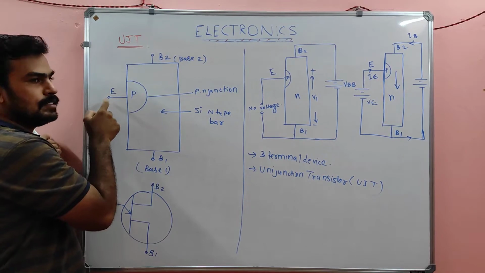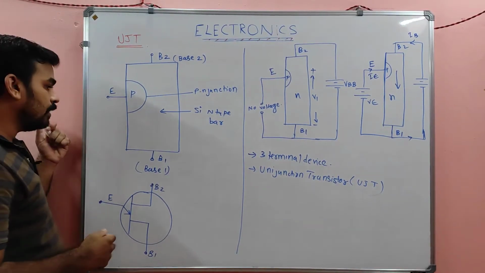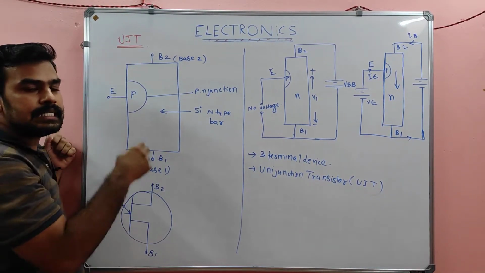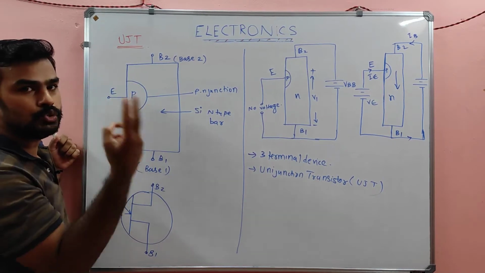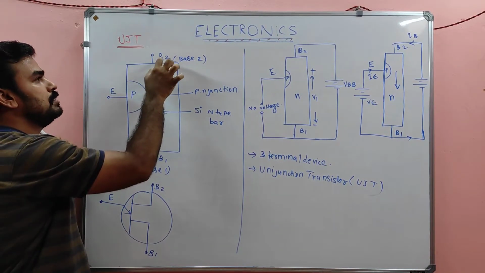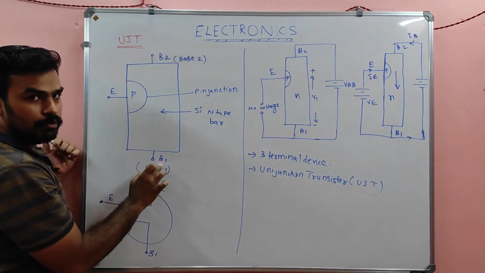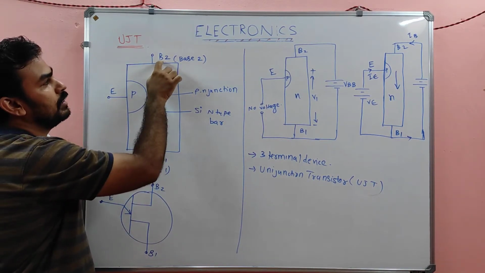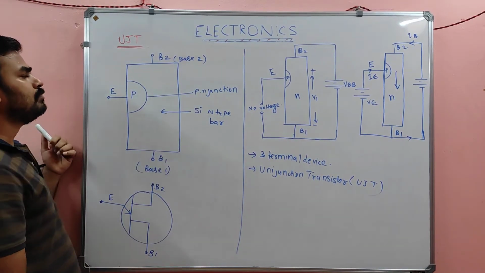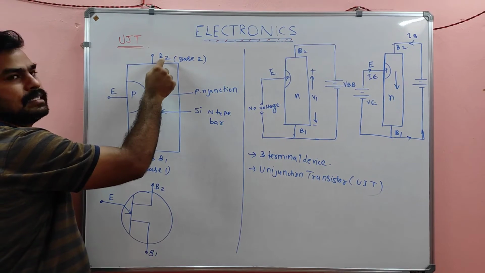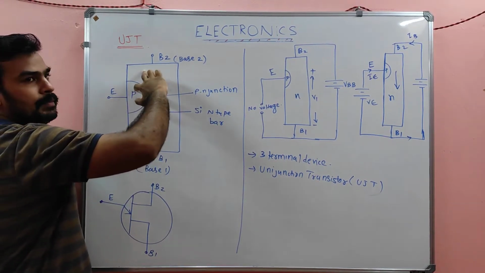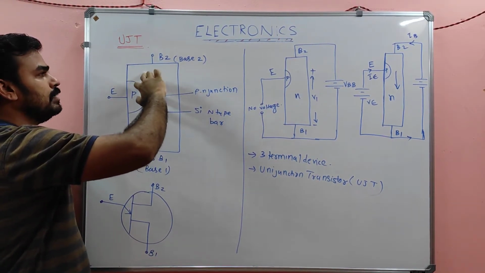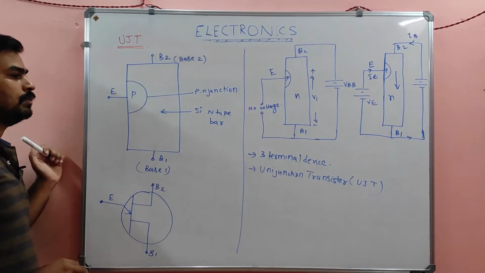This P region is considered to be the emitter, and the whole N region is divided into two bases: base 1, B1, and base 2, B2. Base 2 is very near to this P. You have to remember that.